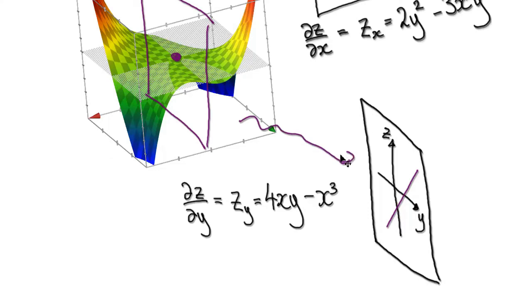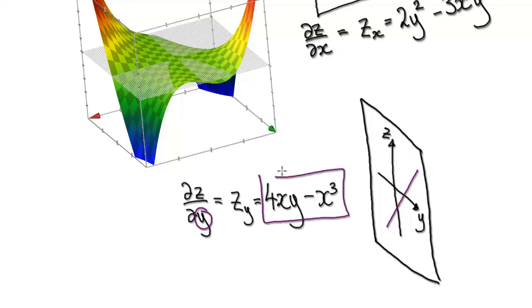So you can take the partial derivative of our surface with respect to y when you treat x as a constant. It will then give you this. Now what I'm saying in this video is that you can take the derivative again with respect to y. So you can actually do this: differentiate it again with respect to y.